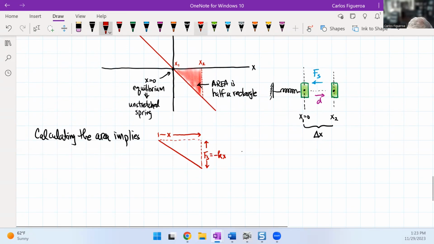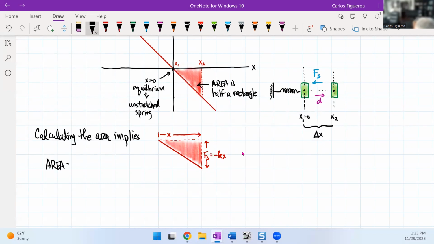So if I look at the area of this, the area of a rectangle should be the height times the base. Now, if I look at the area of the triangle, it should be 1/2 the height times the base.